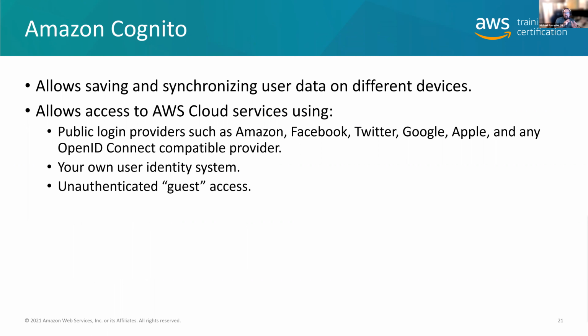Cognito not only has a bunch of features like syncing mobile data, saving app preferences, and mobile identity management and all that stuff, but it will actually allow you to do web identity providers like Google, Twitter, Apple, etc. It'll allow you to do your own identity system. It will also allow unauthenticated guest access with very limited scope.